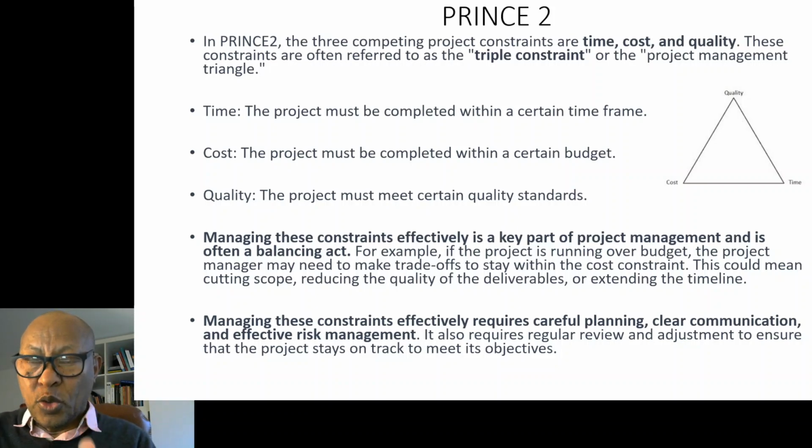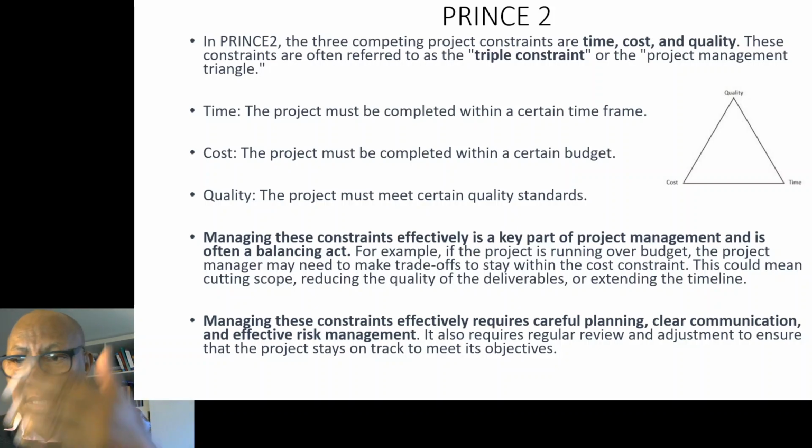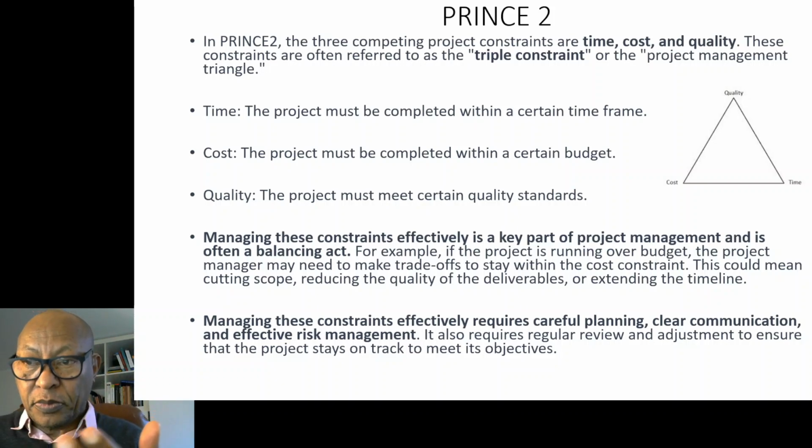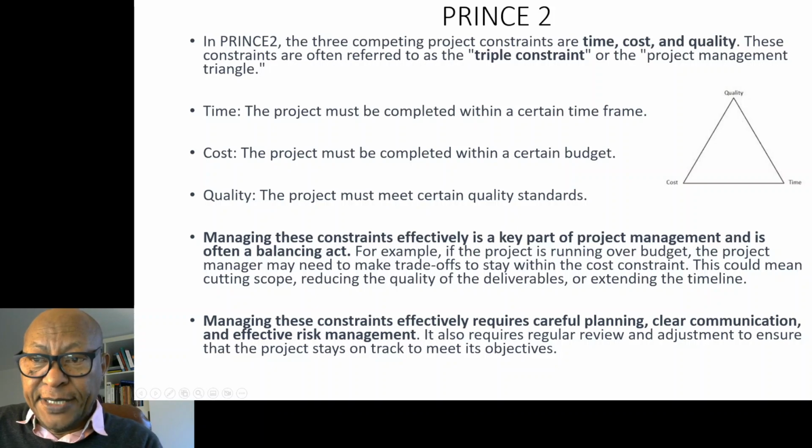If it exceeds, it means the quality we assumed was not satisfactorily achieved, and that might increase the cost, because the higher quality you want to produce, the higher the cost. So this is a trade-off for managing the constraints effectively.